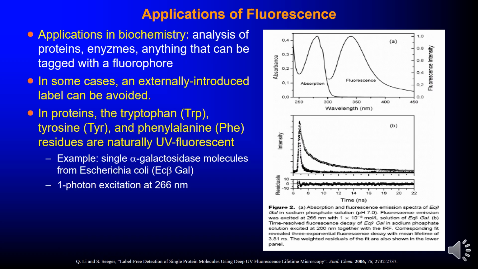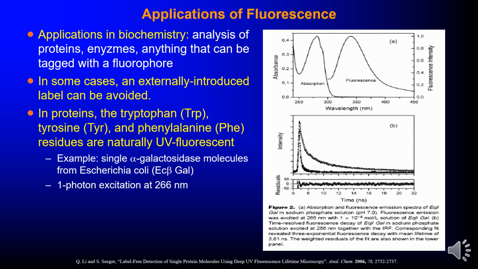Another application is in biochemistry. It can be used to analyze proteins, enzymes, anything that can be tagged with a fluorophore. In some cases, an externally introduced label can be avoided.